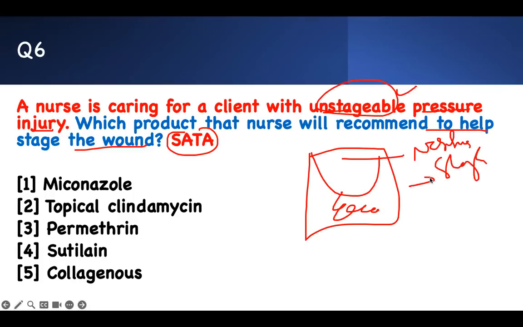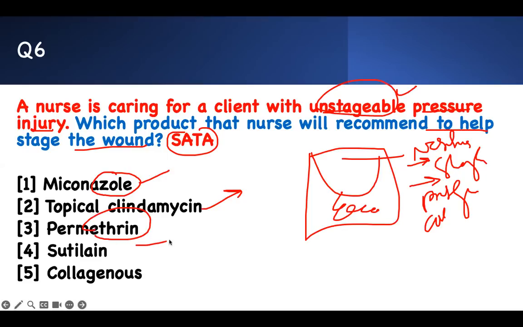So in order to take away all the slough and necrotic tissue, I have to bring a proteolytic agent, something that will eat away the tissue. You see the last word? Antifungal, topical clindamycin, antibiotic, this is for scabies and pediculosis. So you're left with the collagenase, which breaks down collagen, and Santyl, which takes away all the necrotic tissue. So these two are your right answers, just to emphasize the concept I just presented.